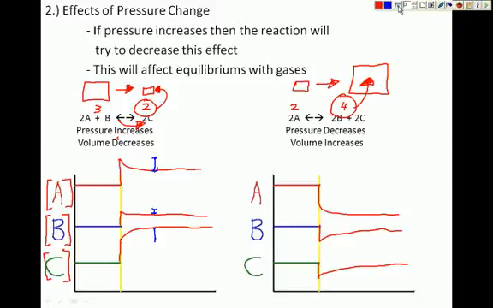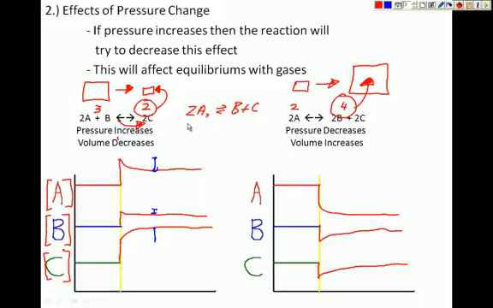Now, if you had something that is two gases here, and it forms an equilibrium and makes B plus C here, and this is two gases and two gases. Well, since there is no difference in the amount of gas, there will be no change in any of it.